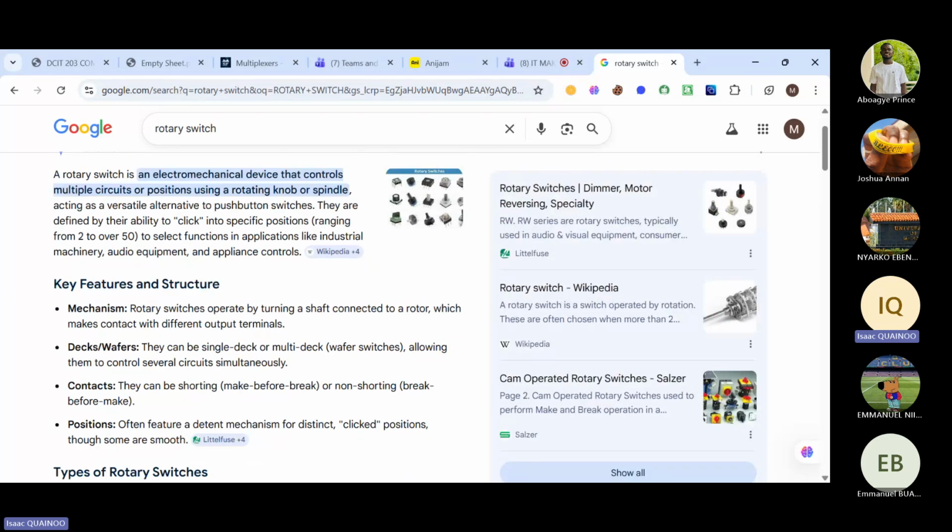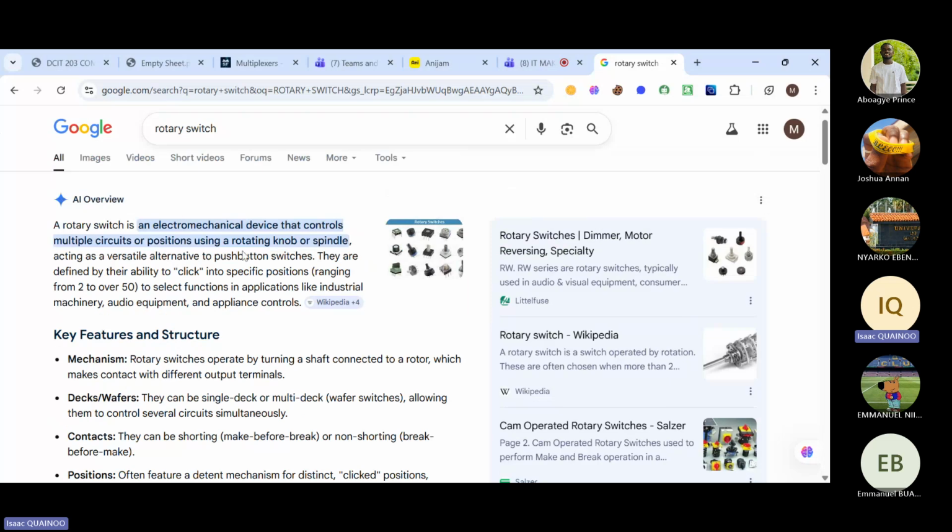So they function by selecting several inputs. You have several inputs connected to it, and then it selects one of the inputs as output, or you have several devices or equipment selected to it. Some of the equipment can be machineries, audio equipment, and appliances.